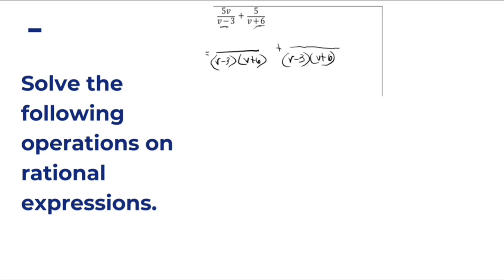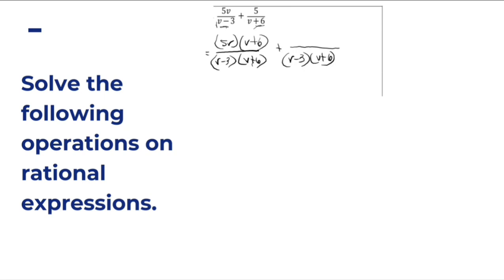So for the first one, v minus 3 times v plus 6 divided by the original denominator, v minus 3. So, just cancel v minus 3. What remains is v plus 6. So in your numerator, you'll just have the original numerator 5v times what remained from your LCD, which is v plus 6.